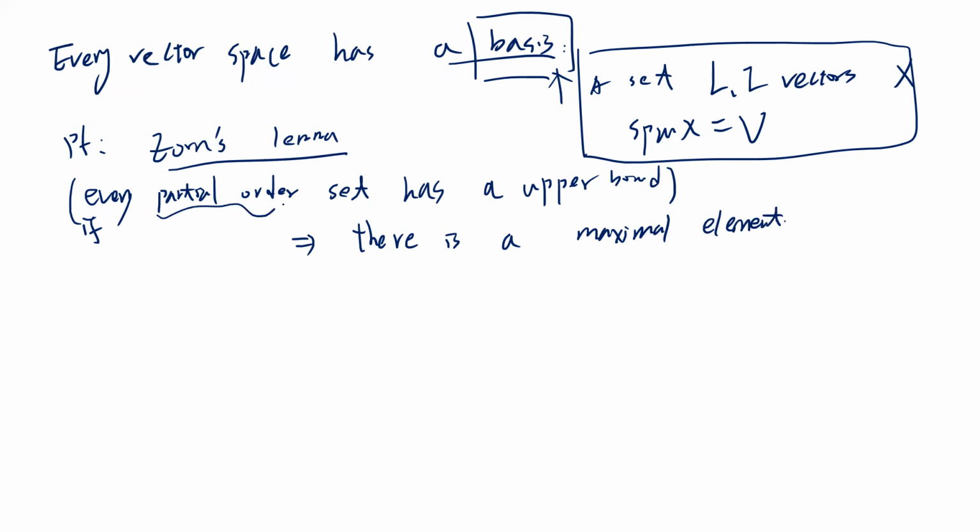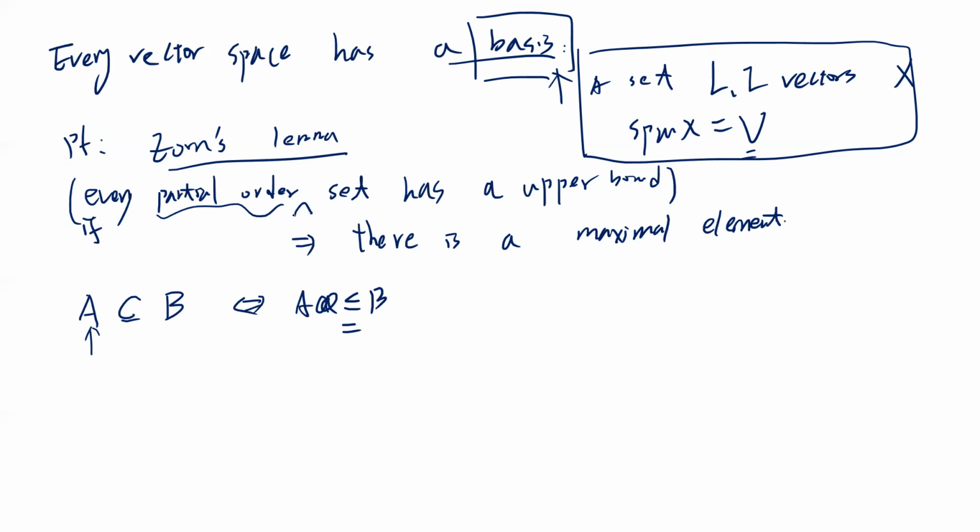Okay, so in order to use it, we need to create a partial order in the vector space, right? It's very easy. Let's say my partial order is that if A is a set of vectors and B is a set of vectors, if A is a subset of B, then I denote A less than or equal to B. It's easy to check that this is a partial order.